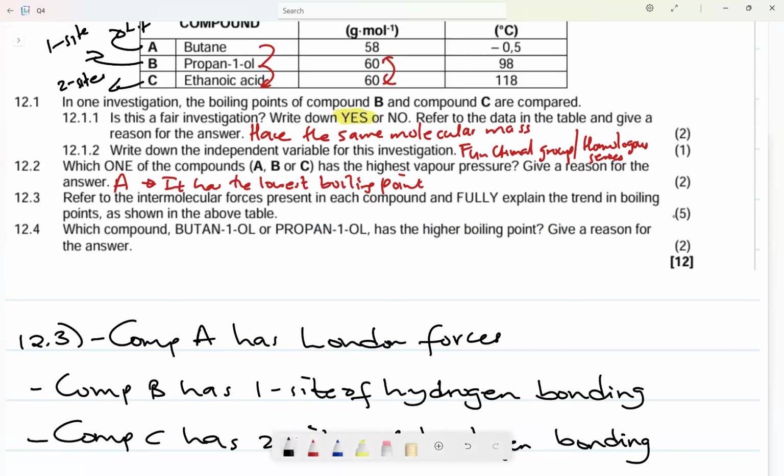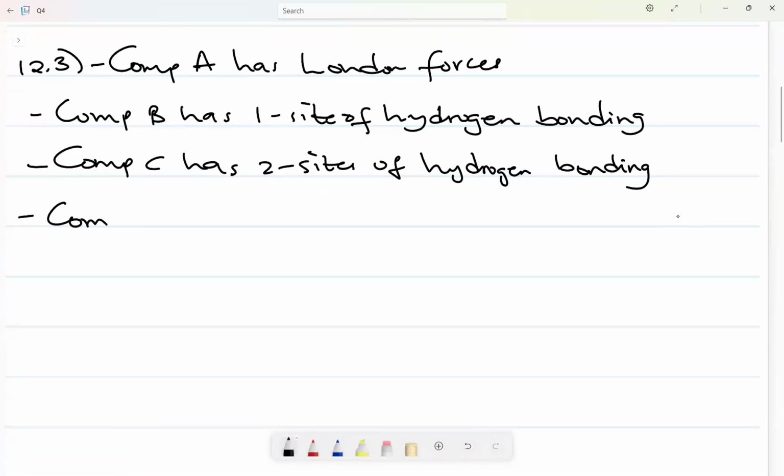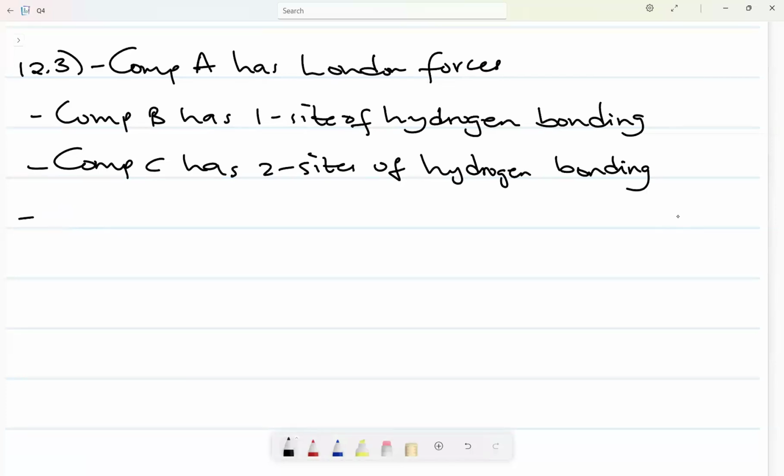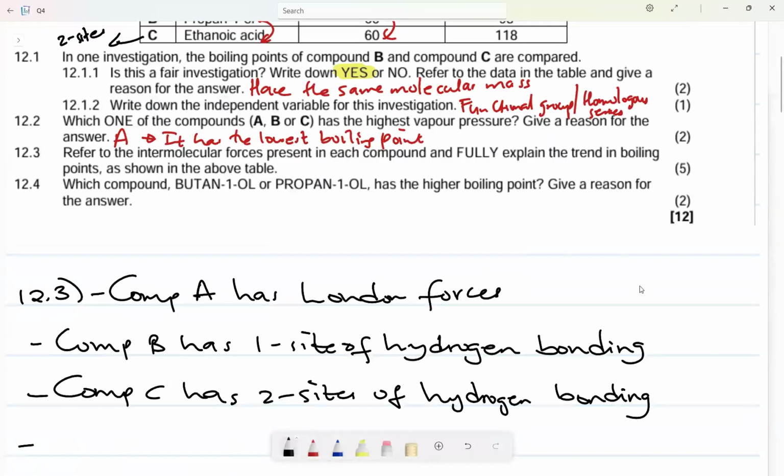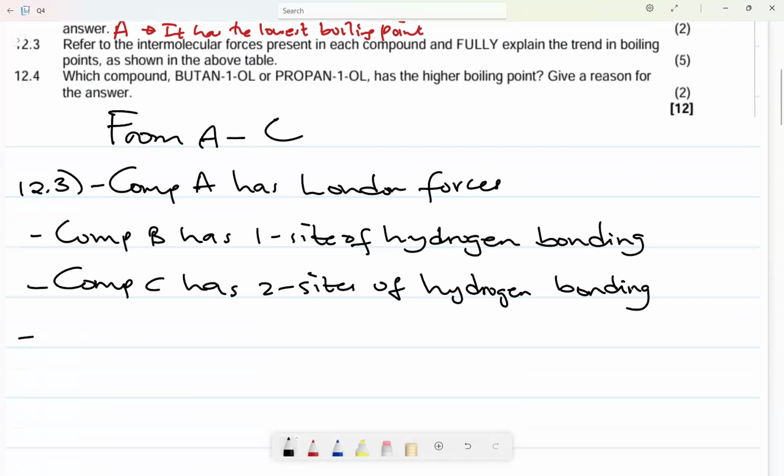Or fully explain the trend in boiling point, from A to C again. Okay, just say here from A to C. What happens?